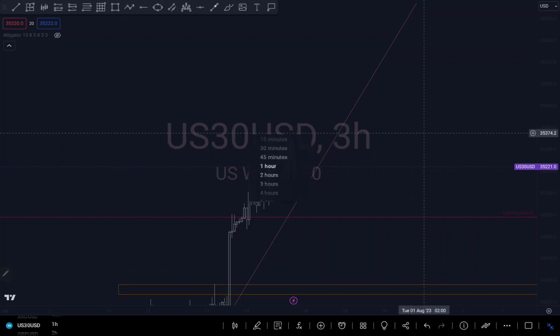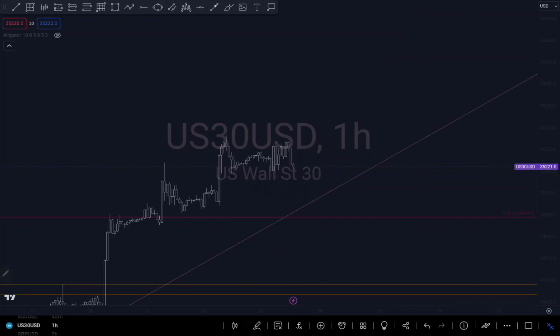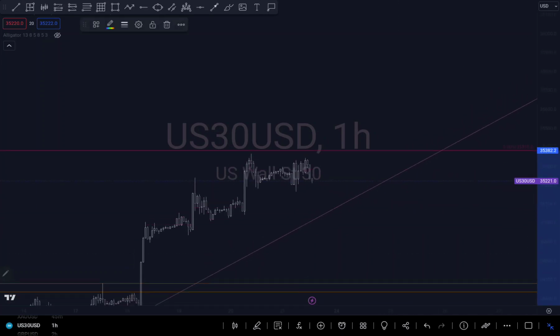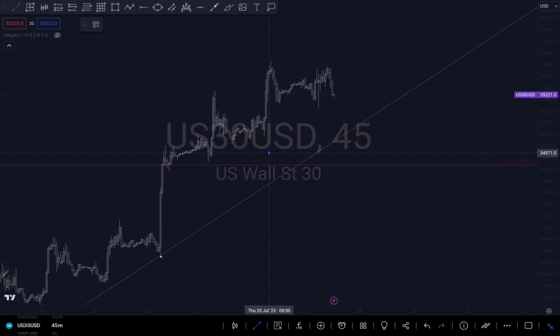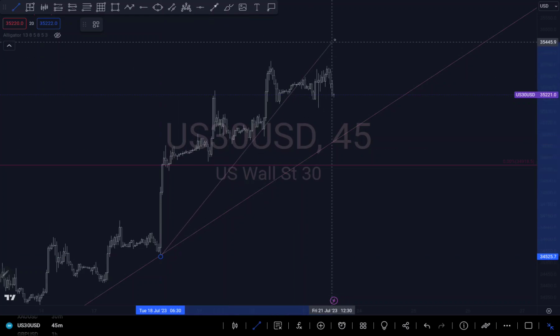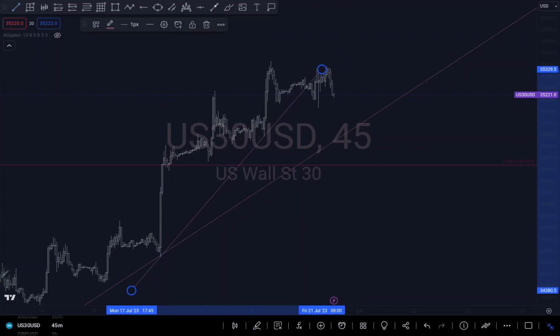So let's go to a smaller time frame based on this current one. We are on a much smaller time frame right now. I can draw my trend line from here to here to see what we are looking at. Right now I see a bit of a downtrend.